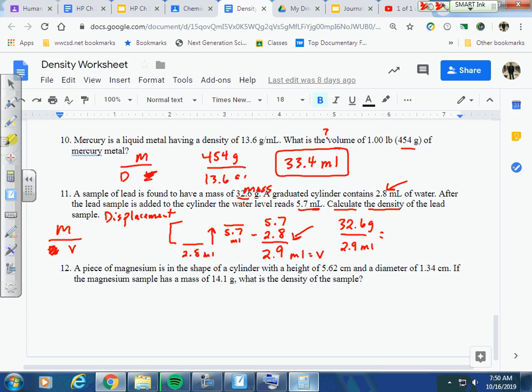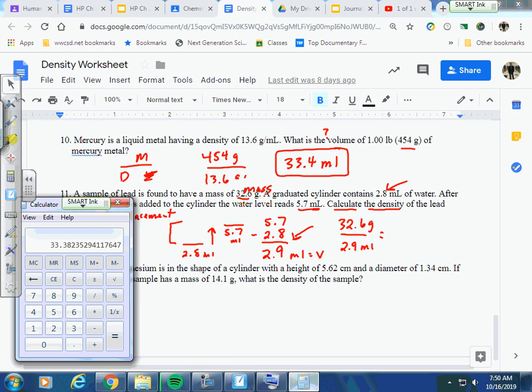And it's just a basic math problem now. So we're going to go 32.6 divided by 2.9, and we get 11.2. Or really, I could say with these sig figs, I could say 11. And my units are grams over milliliters. And there's your answer. And we're good on that.